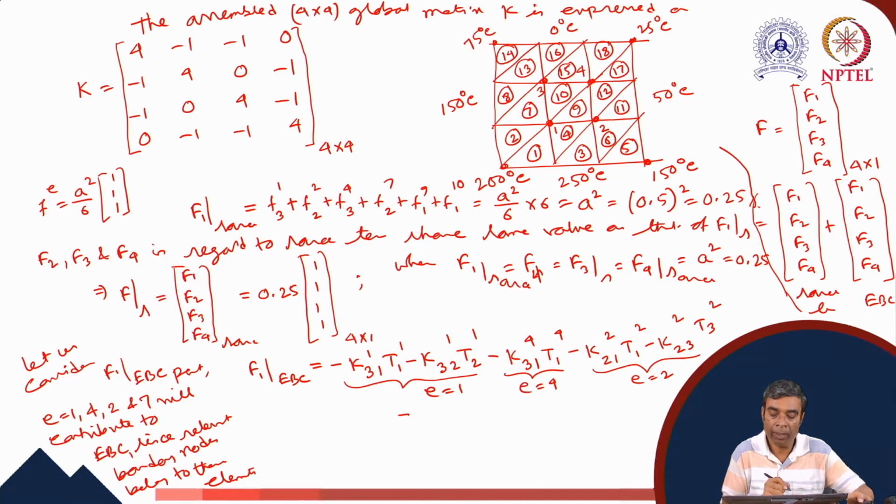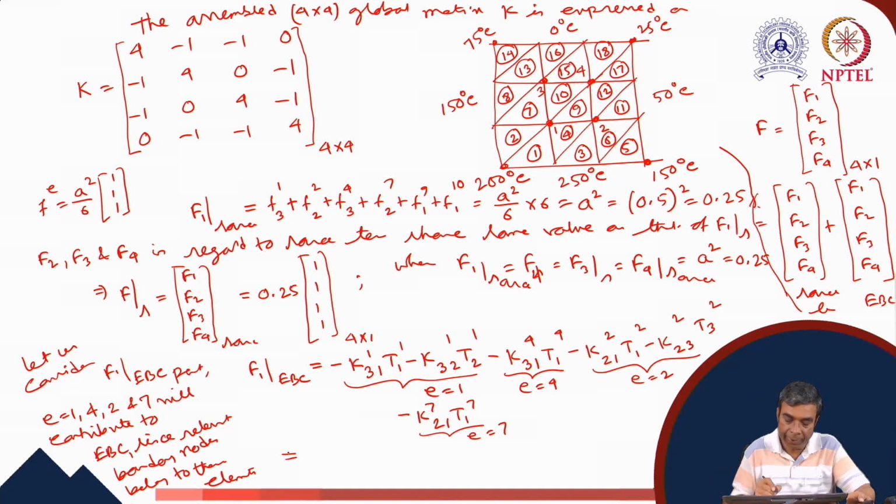Here only one node lies on the essential boundary. Here I is 2 and B is 1. So it is minus K217 T17. This is contributed by E equals 7.